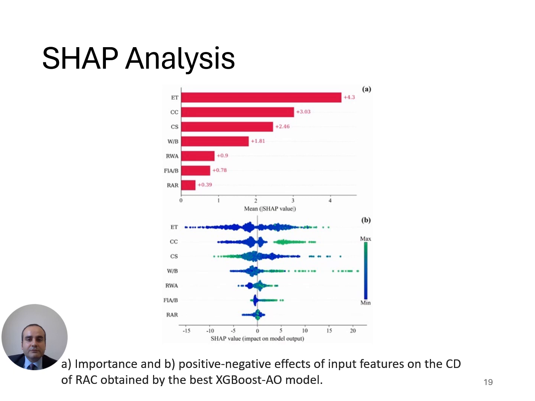The compressive strength and water to binder ratio, with the mean absolute SHAP values of 2.46 and 1.81, are in the third and fourth ranks. Recycled aggregate water absorption has a trivial mean absolute SHAP difference with the fly ash to binder ratio and is ranked fifth. Among the 7 input features defined in this study, the recycled aggregate ratio has the lowest rank.